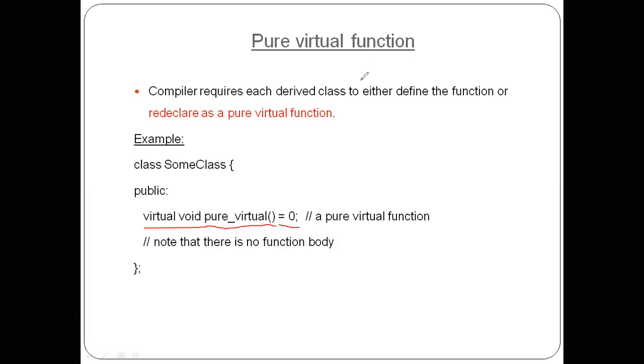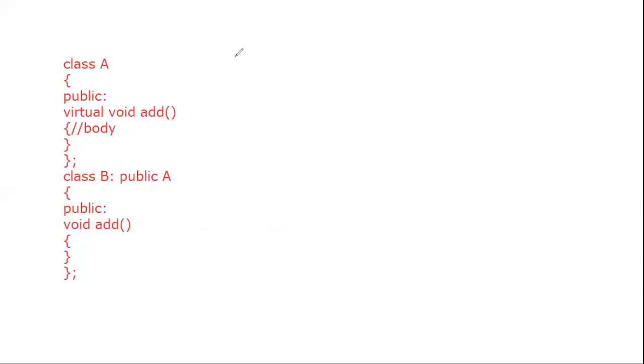Suppose I write the pure virtual function for this same class. How are we going to write it? Class A, then public, and inside that public, the first three keywords are the same: virtual, then void, and add.